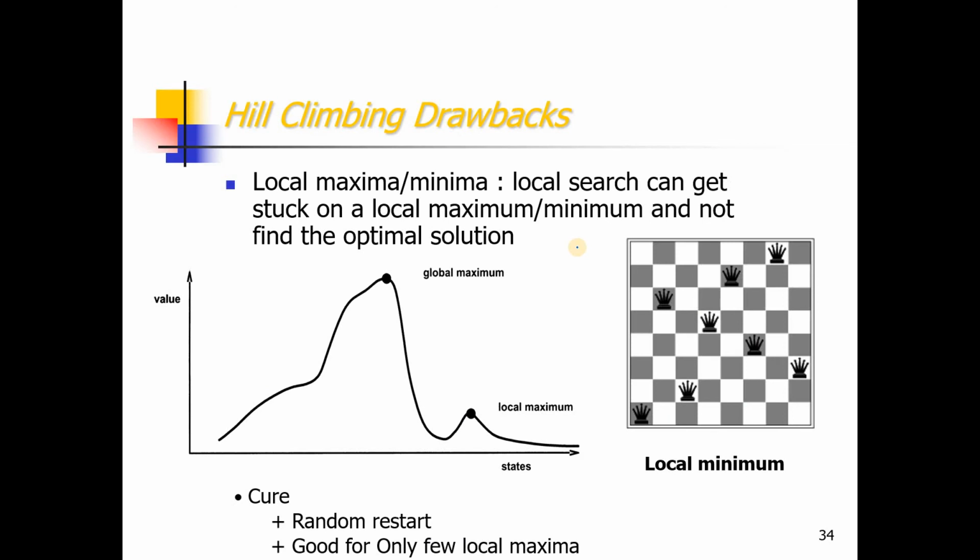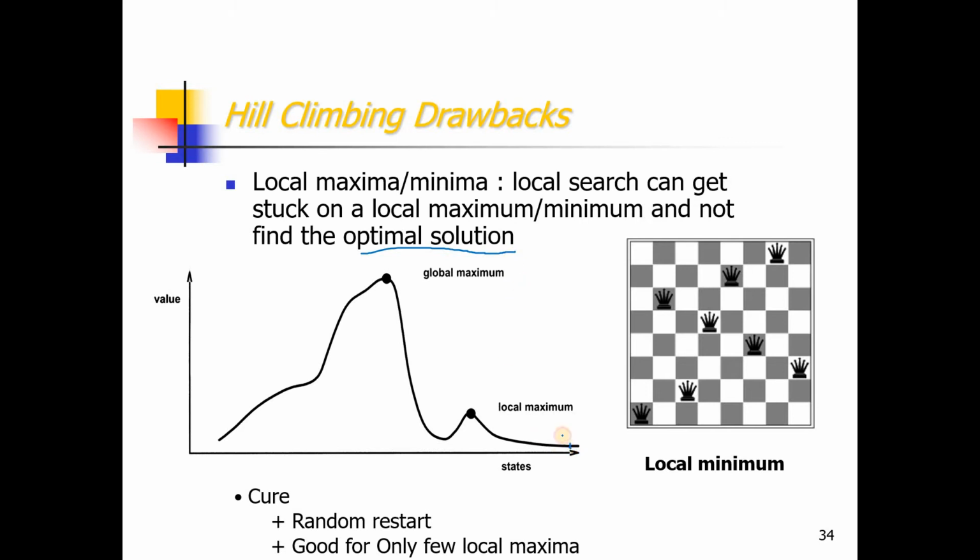So what are the drawbacks of hill climbing that I already discussed? Local maximum and minimum problems. The local search can get stuck on a local maximum or minimum. This is what I already discussed previously. And you will not be able to find the best or optimal solution. Okay.